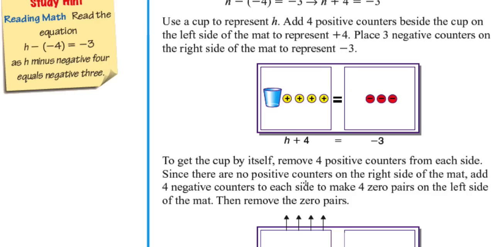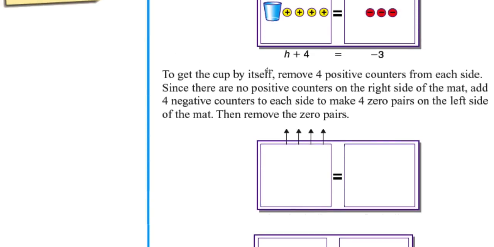Since there are no positive counters on the right side of the mat, we need to add 4 negative counters to each side to make 4 zero pairs on the left side of the mat. For us to get rid of the 4 positive counters, we add 4 negative counters to each side so that we can isolate that cup.